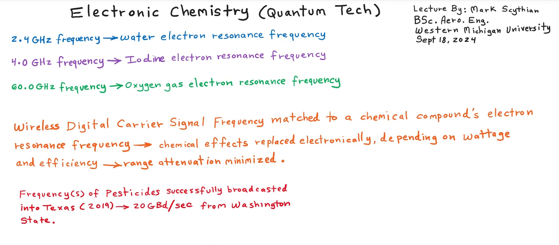But much of the transfer is lost in heat exchange and has a very poor thermodynamic efficiency compared to electronic chemistry transfer, or the complementary frequencies of the chemical in the form of a digital wireless signal.